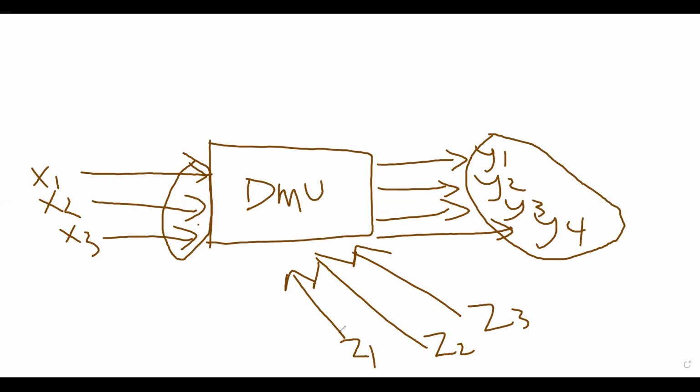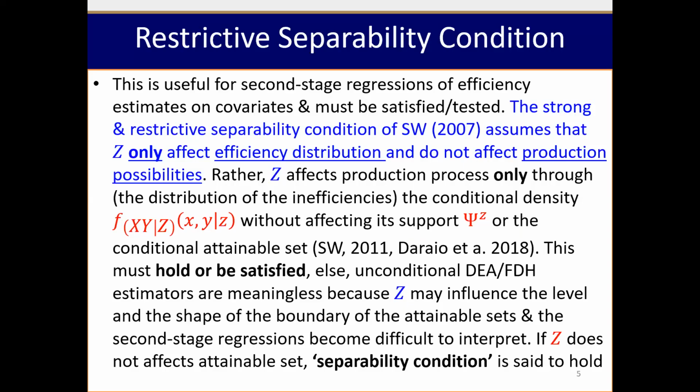The Z's are not affecting the production possibilities, but they affect the distribution of the efficiencies. And that is why you later capture them in the second stage. They only affect it through the distribution of the efficiencies or the inefficiencies, which depends on the production process.